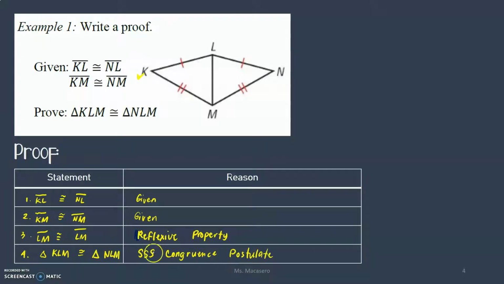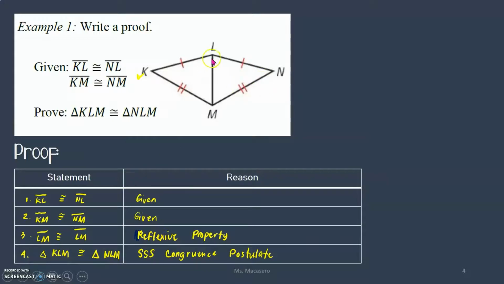Why is it the SSS Congruence Postulate? Because again, look at our first statement, side KL is congruent to side NL, and these are sides of our triangles. Side KM is congruent to side NM, also sides of the triangles.